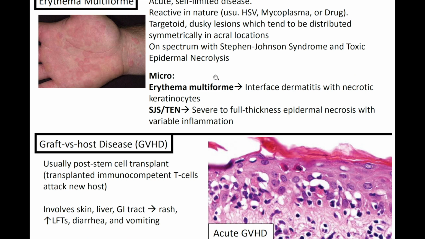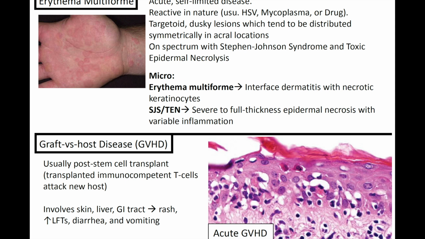Next up, we have erythema multiforme. This is an acute self-limited disease. It's reactive in nature, usually from HSV, mycoplasma, or drug. You're going to get these targetoid dusky lesions, which tend to be distributed symmetrically in acral locations. So you may get them on the palms.